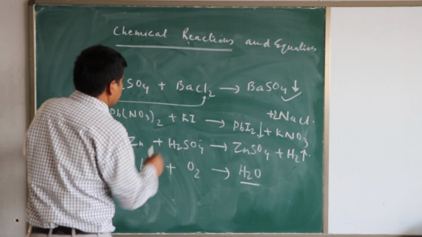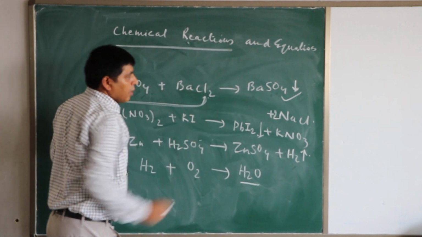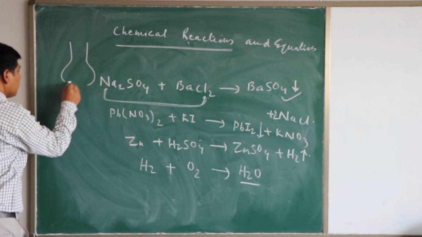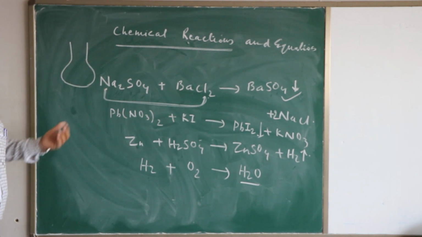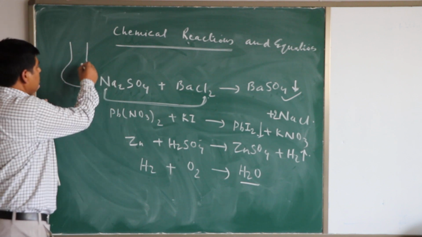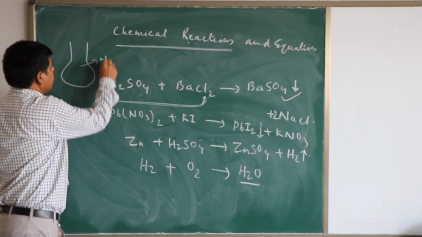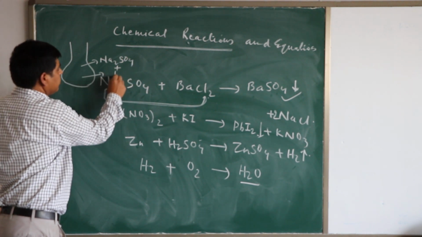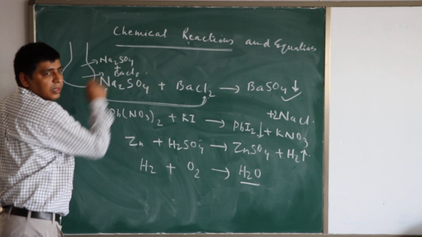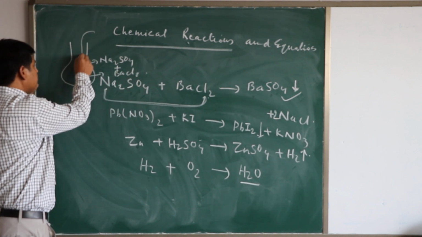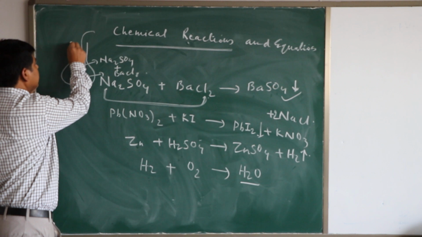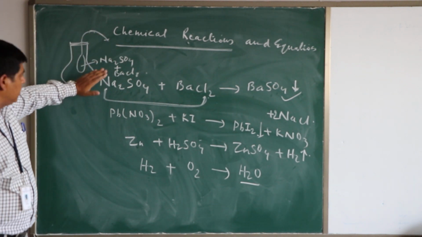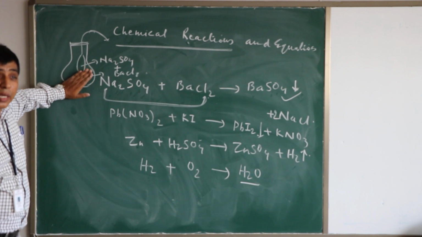As an example, suppose you take this test tube or funnel, whatever you are taking, and in this one you put sodium sulfate, and then you add some barium chloride. Suppose this barium chloride is placed inside and sealed with a thread tie, then the chemical reaction has not taken place.